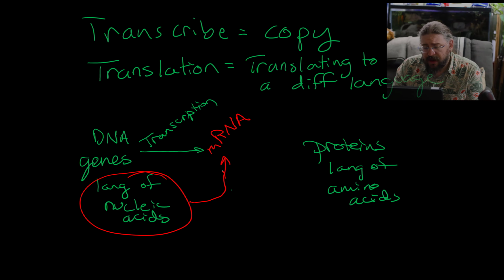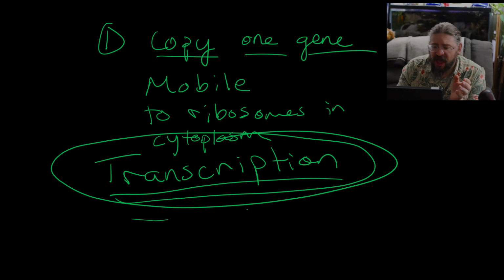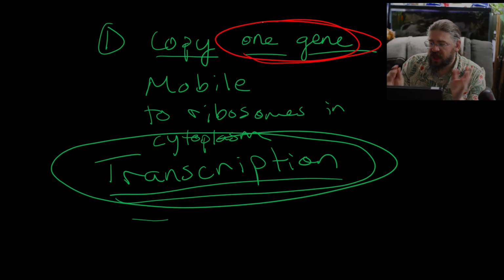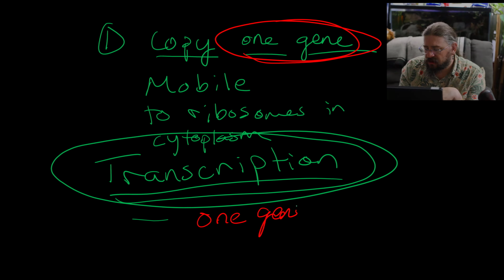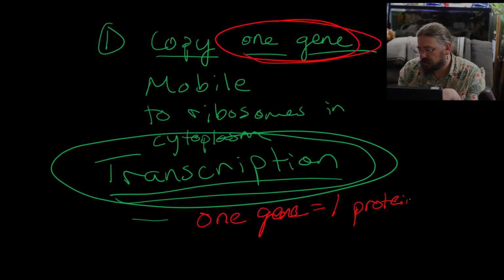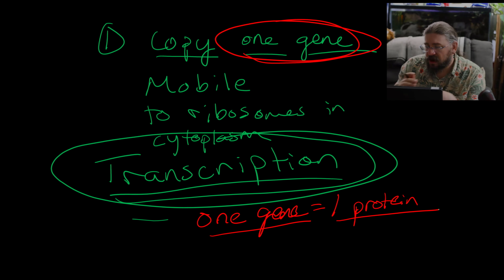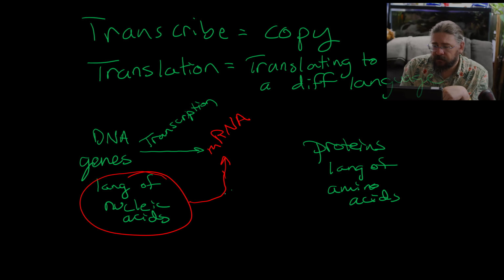So, step 1 transcription is keeping the same language, nucleic acids, but just making a copy. And that copy is one gene. Because in general, one gene equals one protein. So when we transcribe, we are producing the blueprint for a protein.